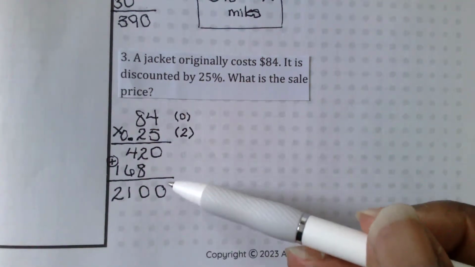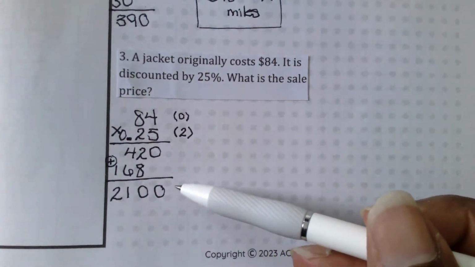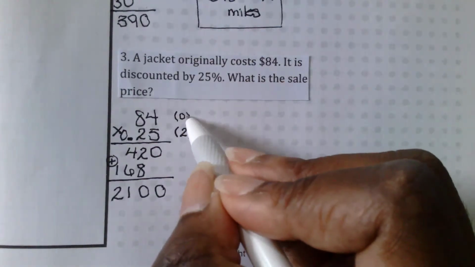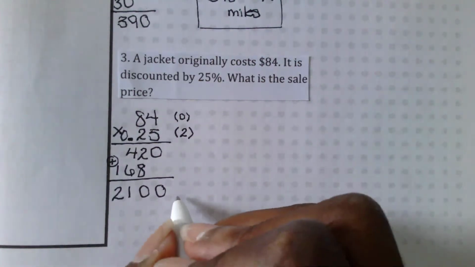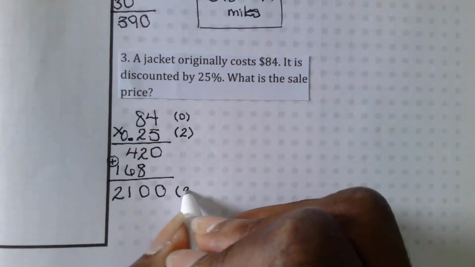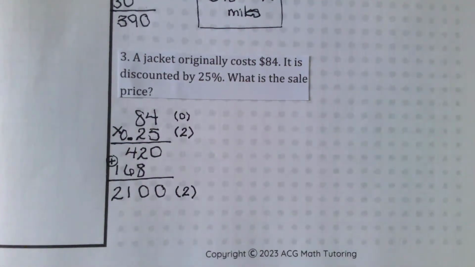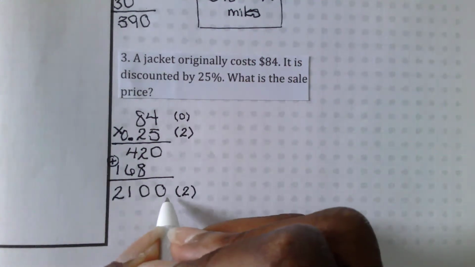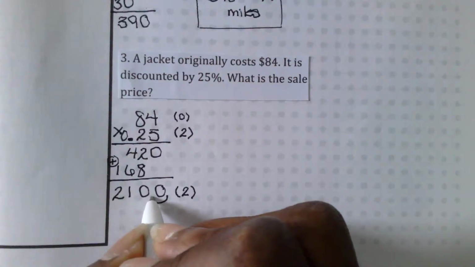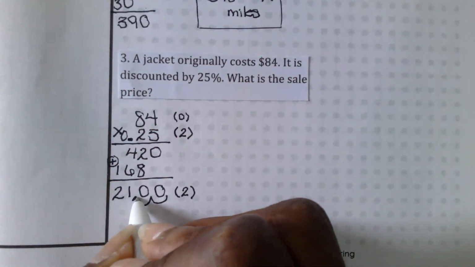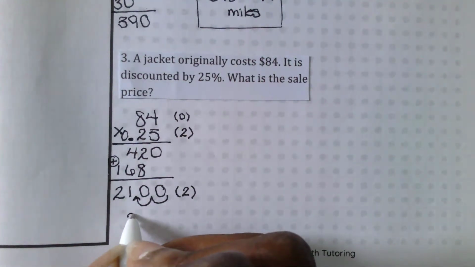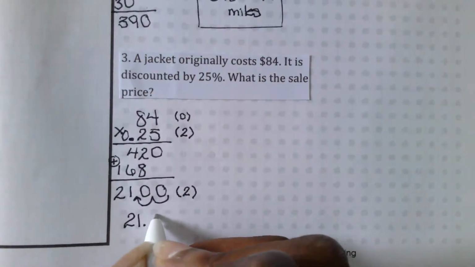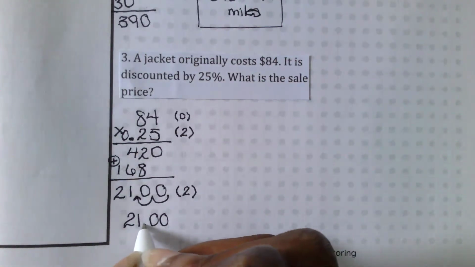So when you're multiplying with decimals, you add your decimal places together to figure out how many you should have in your answer, which gives me 2, so I move it over 1, 2. So I'm looking at 21, basically $21.